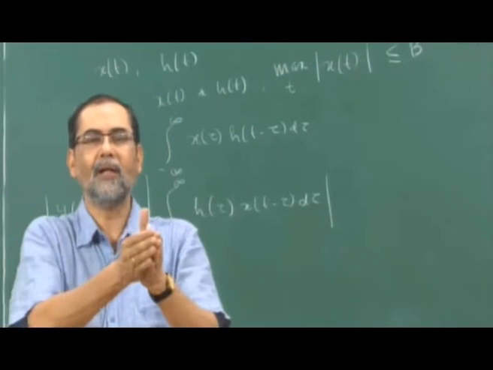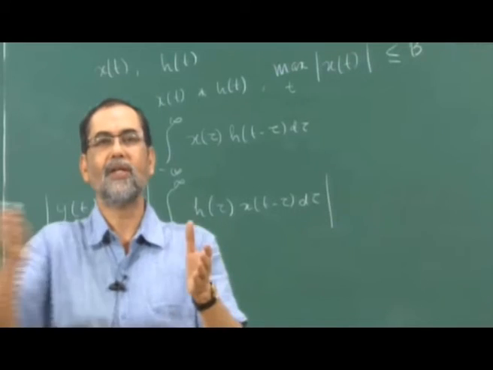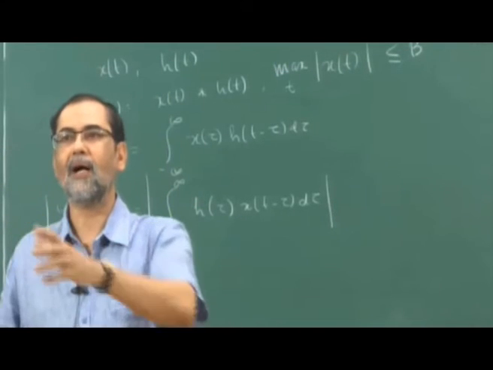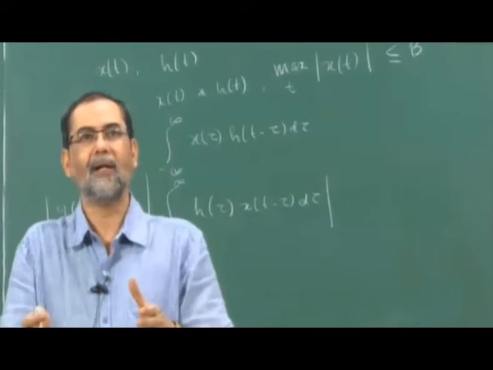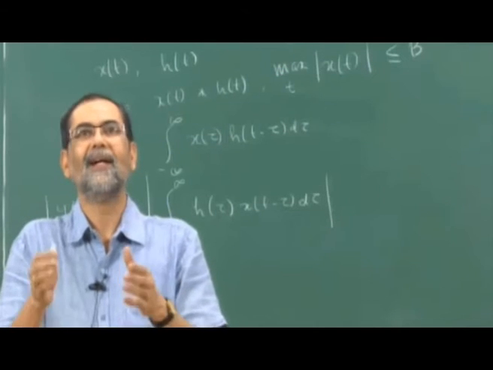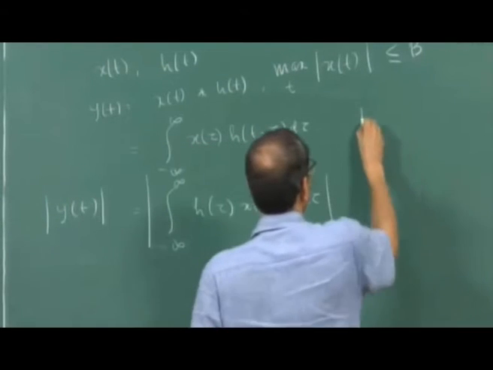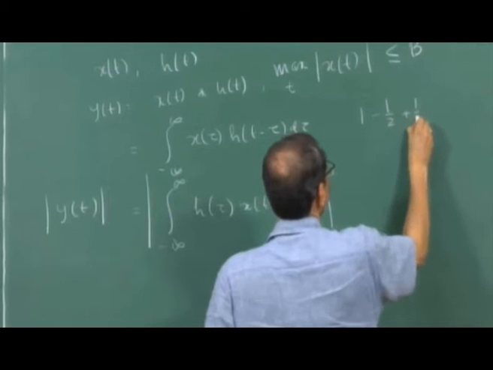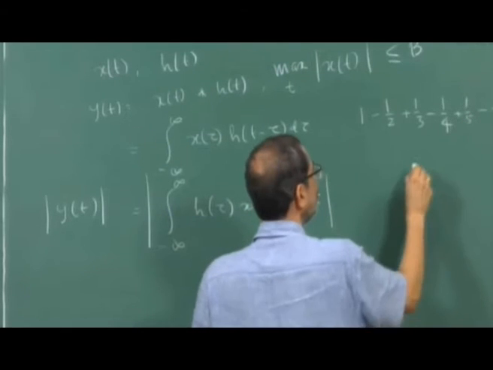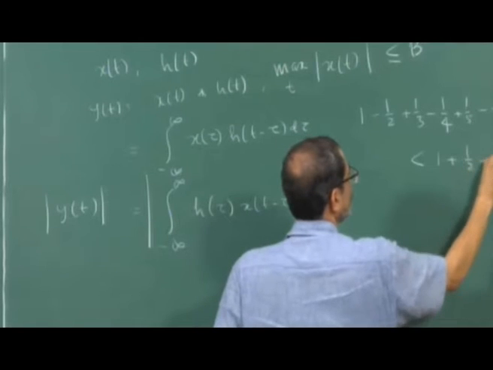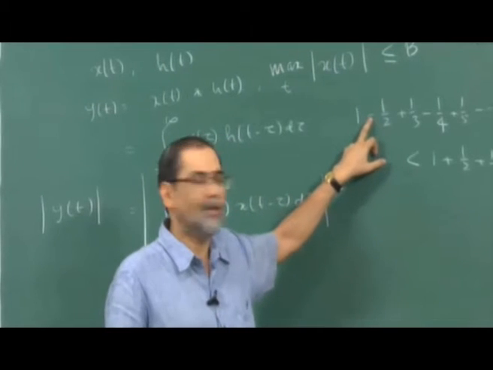Suppose I have a sequence 1 minus half plus 1/3 minus 1/4 plus 1/5 and so on, where alternate terms are plus and minus. That will definitely be less than the same sum where every term is positive, 1 plus half plus 1/3 plus 1/4 plus 1/5 and so on, because here I am subtracting, here I am adding.